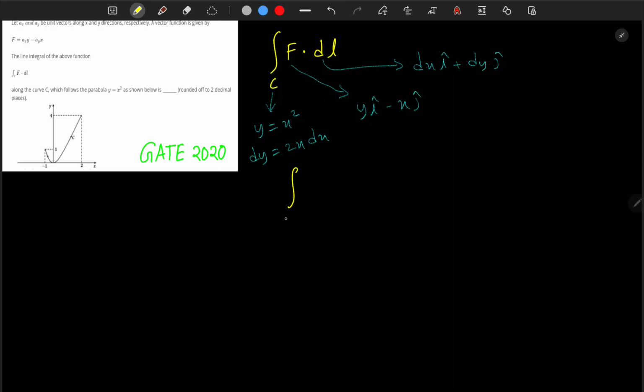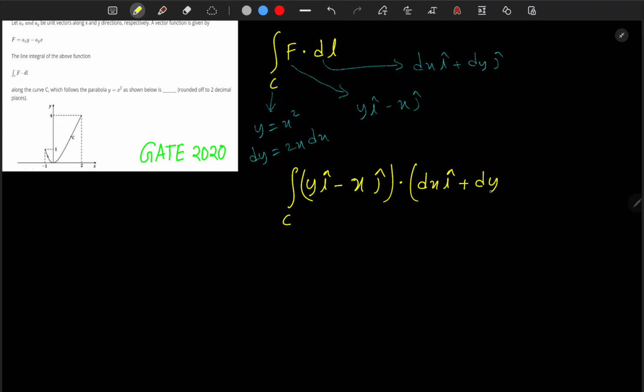Here we have contour C, and F is y i cap minus x j cap, and you have to take the dot product with dx i cap plus dy j cap.